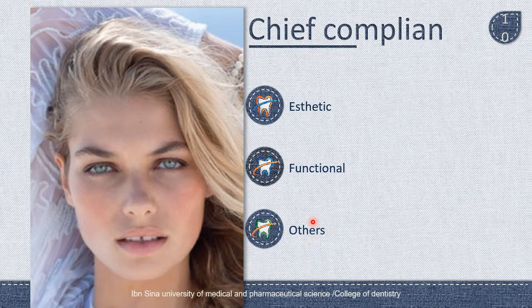The others means the interdisciplinary chief complaint. That means the patient is referred by another specialist dentist, such as the conservative dentist, periodontist or prosthodontist, for orthodontic treatment before performing the prosthodontic or periodontic treatment.